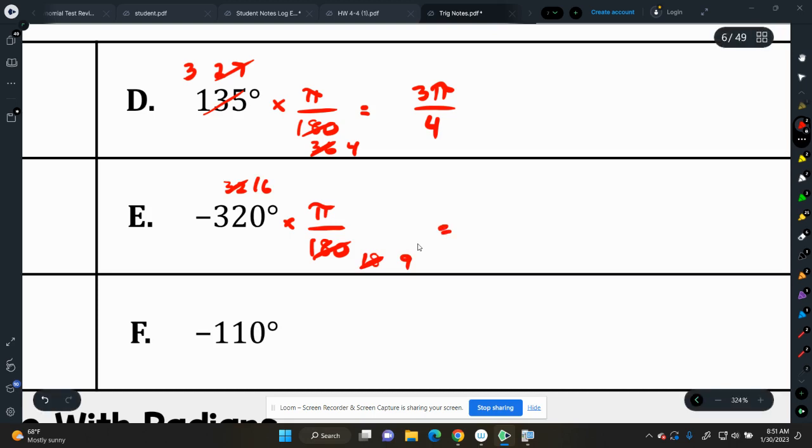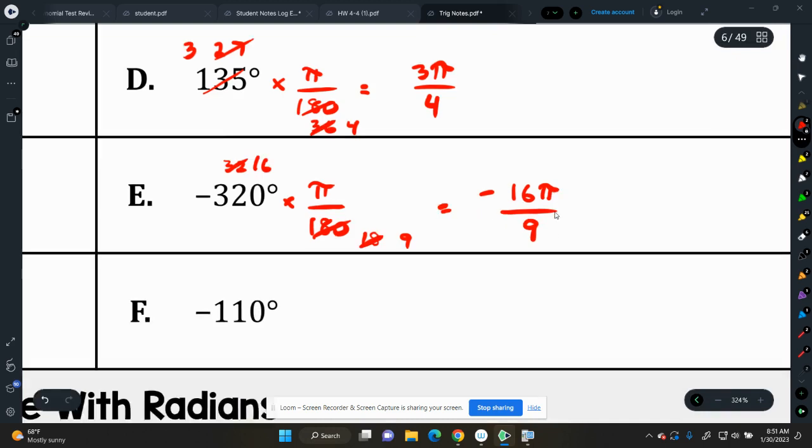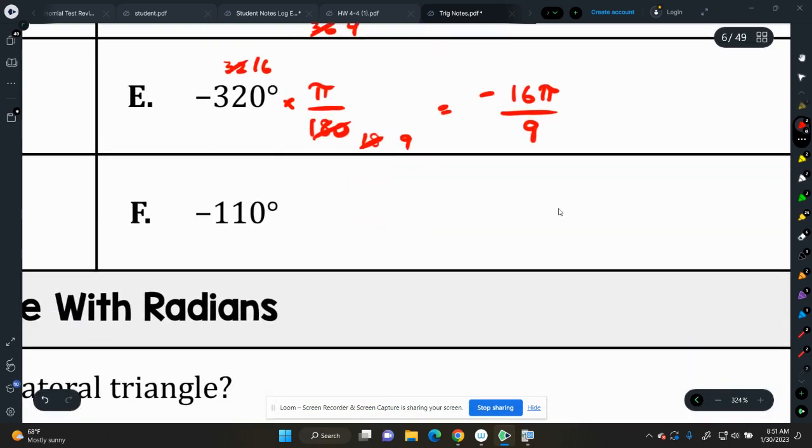Okay, so I get negative 16 pi over 9. And last one, we're going to multiply by pi over 180 again. So if I go 10, this will be negative 11, and this will be 18. So we've got negative 11 pi over 18.